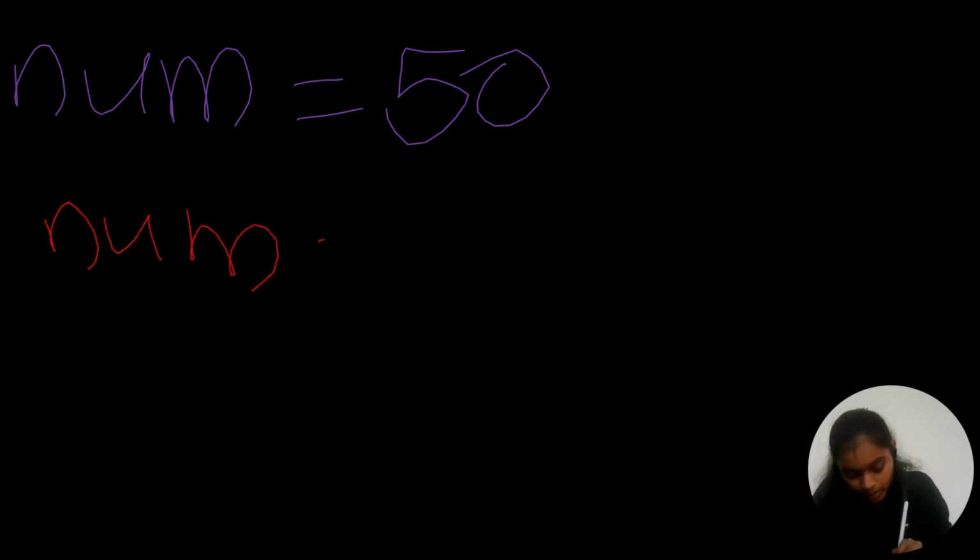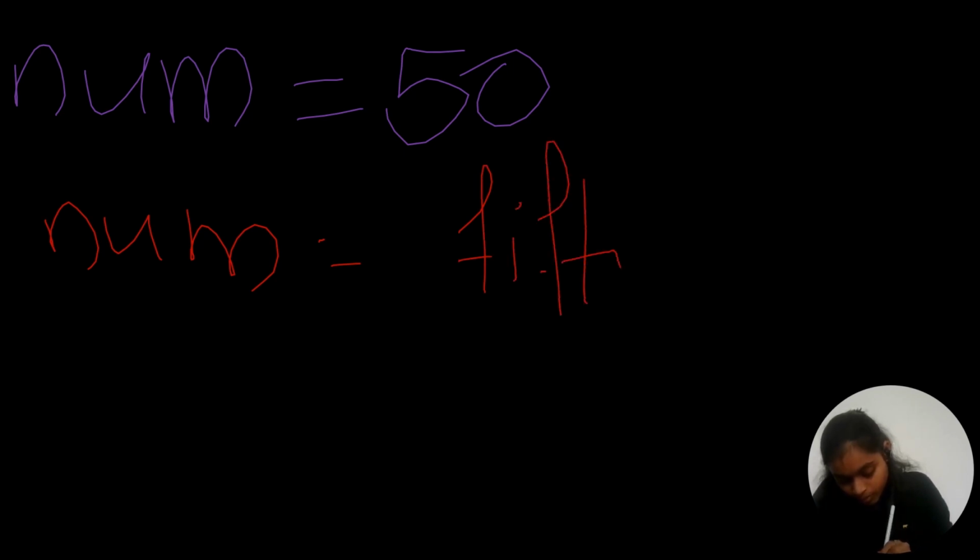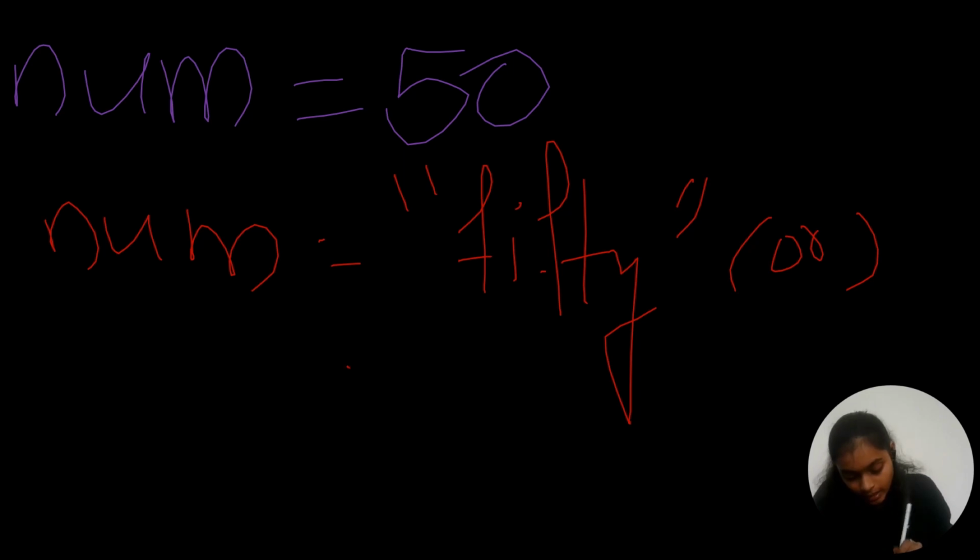So now I'm making my num equal to 50, which I have to mention in quotation marks, either double quotation marks or single quotation marks. Got it? So here I got this facility or feature of changing the data type which I assigned previously to another data type.